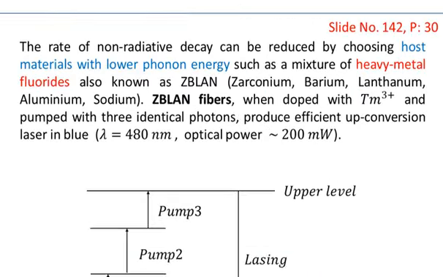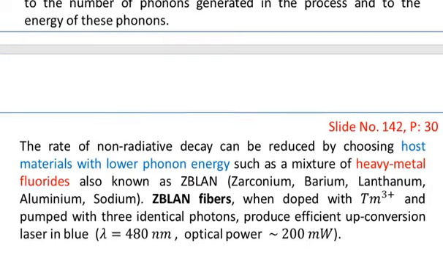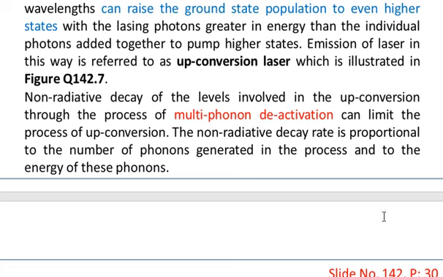So you see that here I have shown the up conversion process, but you know that these levels can also decay non-radiatively. That is, we can go back to the lower states through non-radiative decay by phonons, and this should be avoided.